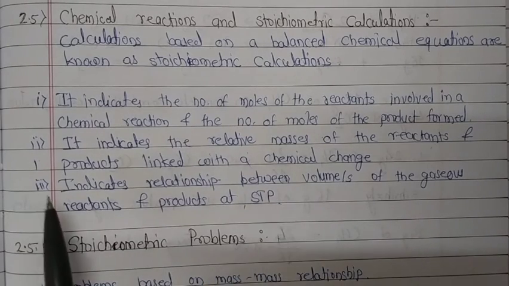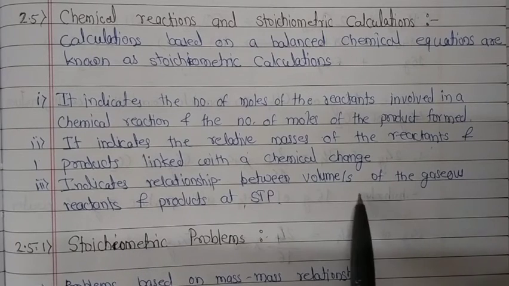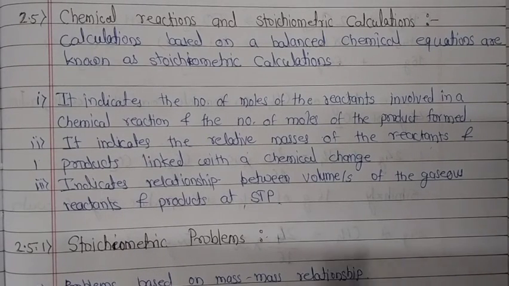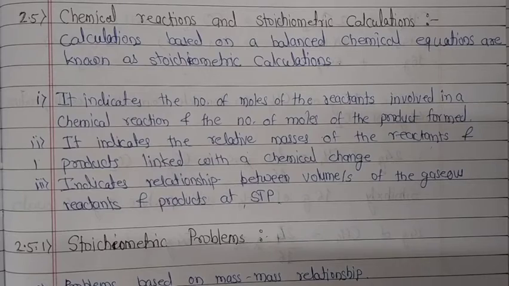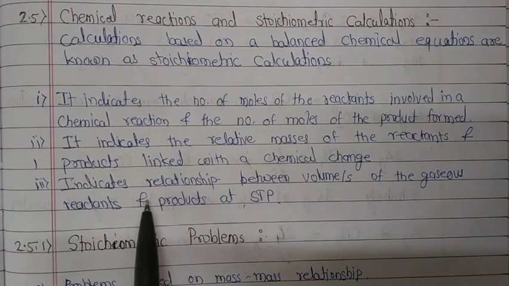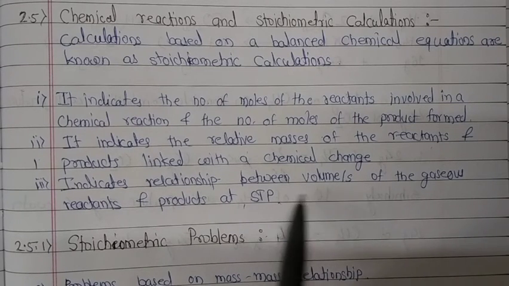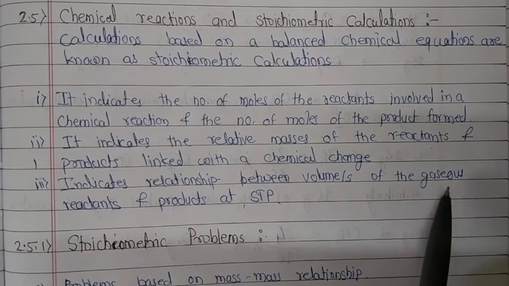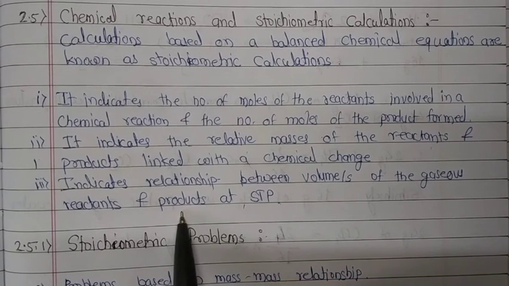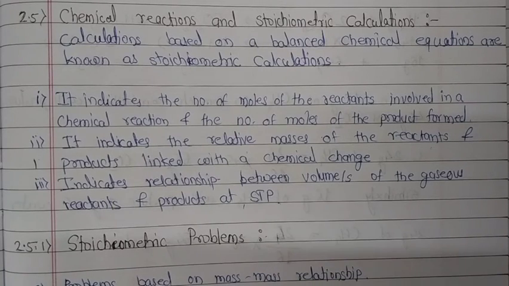Third, it indicates the relationship between the volumes of gaseous reactant and product at standard temperature and pressure. Means if a gaseous reactant is involved in the chemical reaction, then the relationship between the volume of the reactant gases and the product formed at standard temperature and pressure is indicated.